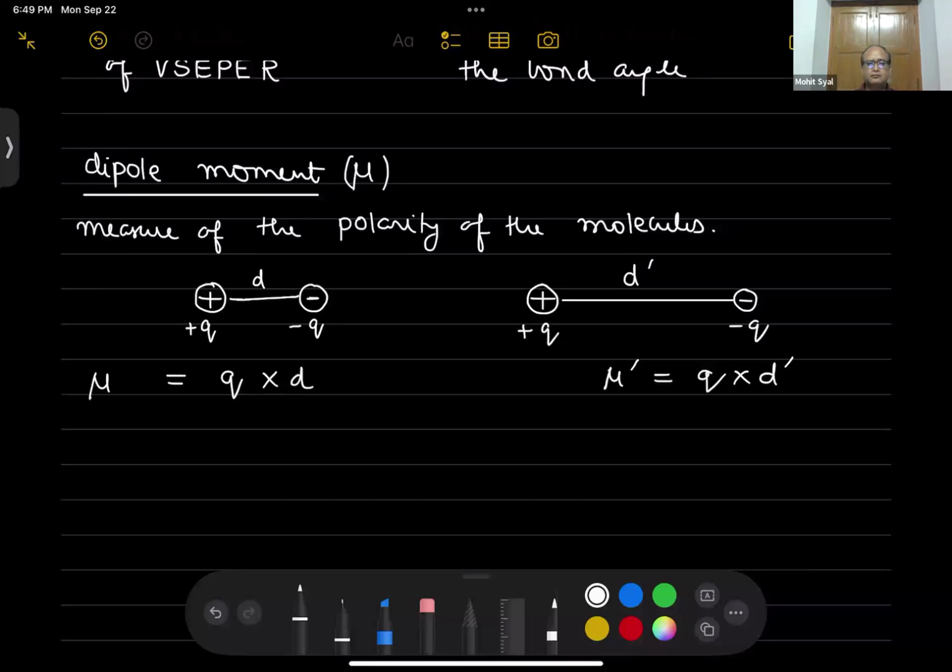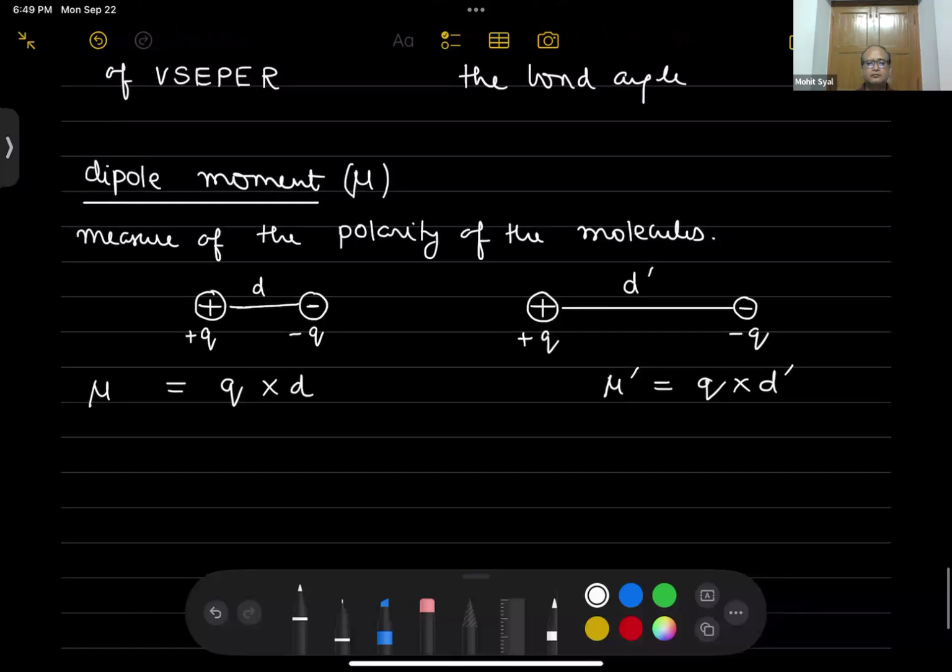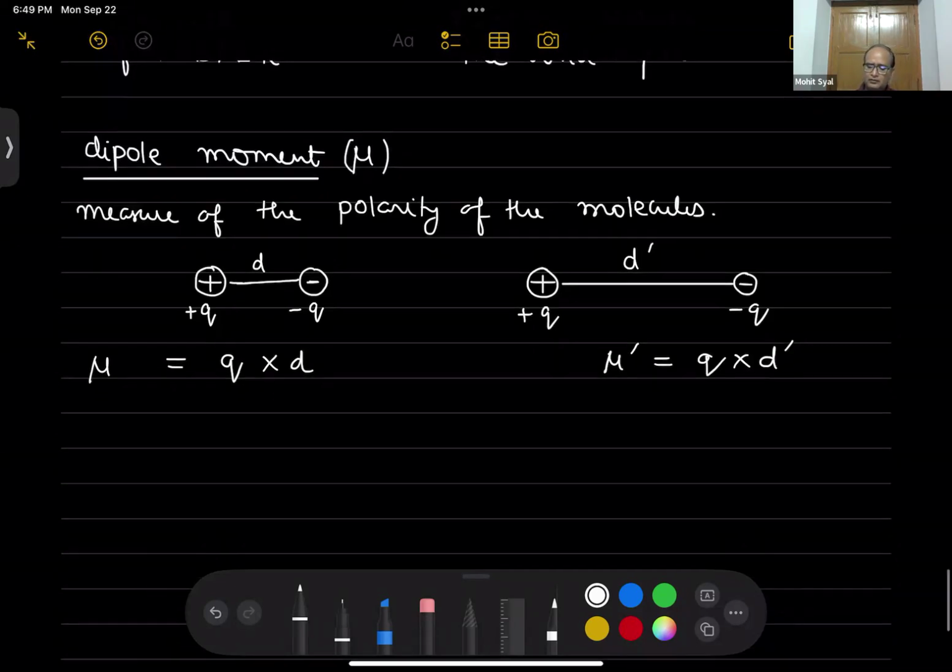The more distance, the more polar. Which one is more polar? The right one or the left one? The right one. Yeah, right one is more polar. Why?